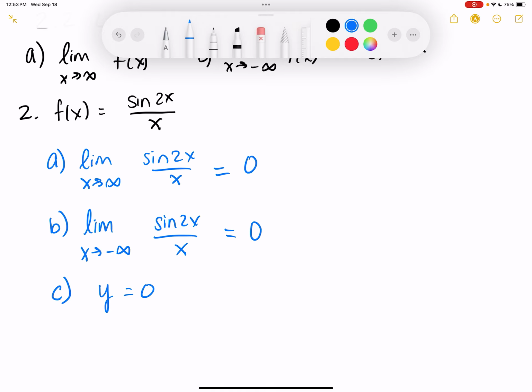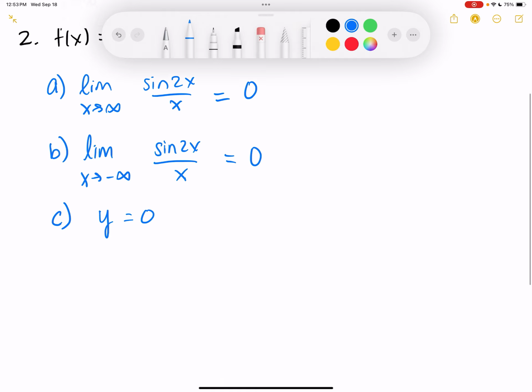We'll look at this one in a minute too. For f of x equals 3x cubed minus x plus 1 over x plus 3.